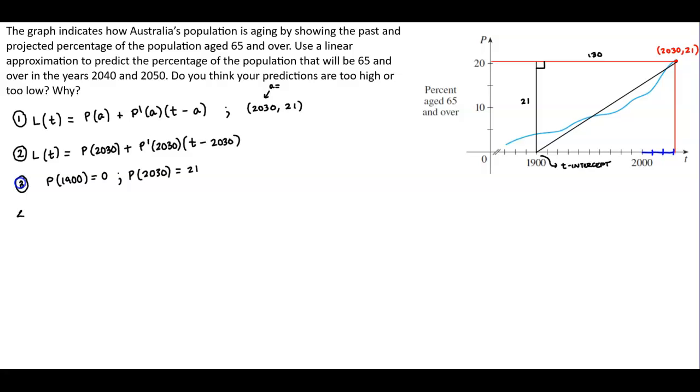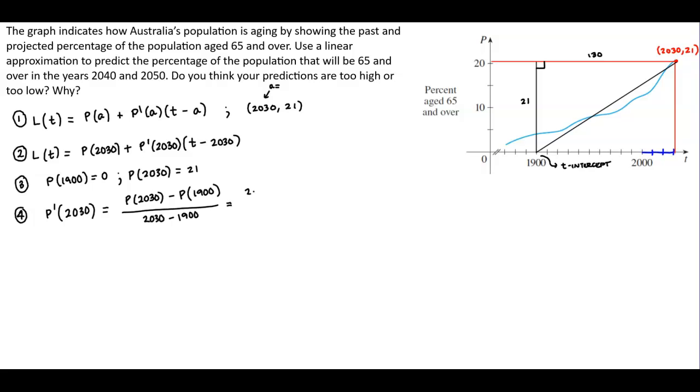Now we're going to find P prime of 2030, which is P of 2030 minus P of 1900, all over 2030 minus 1900.